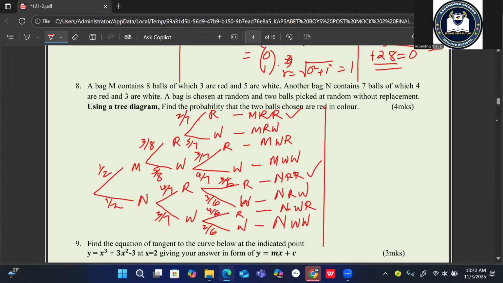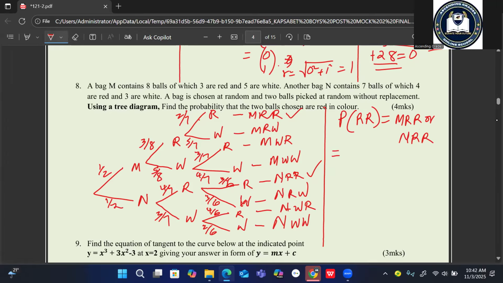So the probability that it takes red on the first time and red on the second time is either he takes it from bag M, red, or bag N, red.